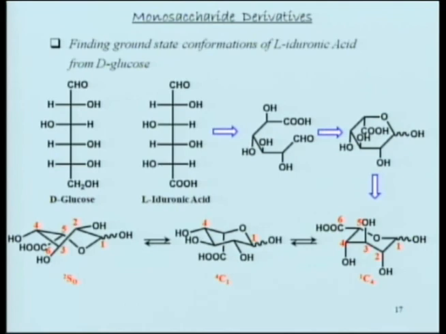We draw the structure of the 6-membered ring such that the oxygen is always here, and the positions 1, 2, 3, 4, and 5 are organized in a clockwise manner. This is how you have to draw it in order to come up with the conformation.